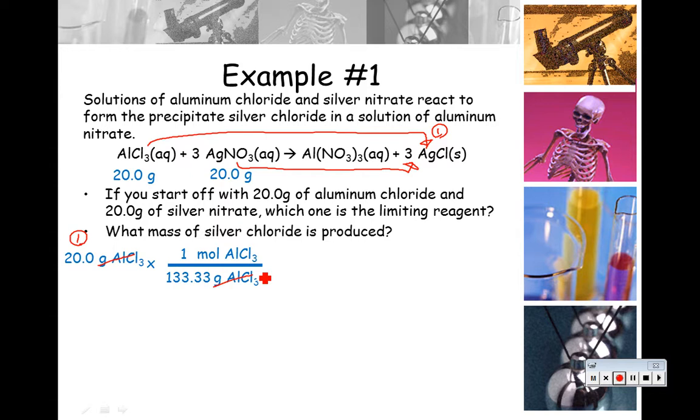I wanted to go from aluminum chloride to what? Silver chloride. So now that I have moles of aluminum chloride, I need to use what to get to silver chloride? The coefficient. So my next step should look something like this. My moles of aluminum chloride cancel, and now I'm at moles of silver chloride.